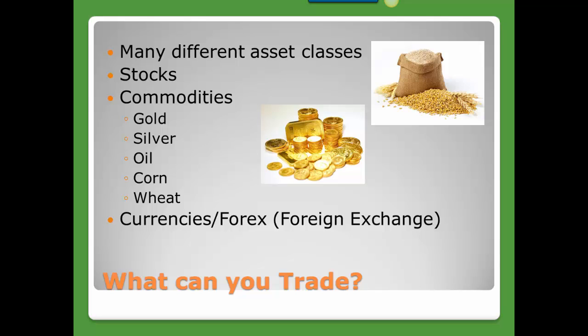Now, what are the different things that you can trade? In financial markets, there are many different asset classes. You can trade stocks, and you can trade commodities, by which I mean gold, silver, oil, any kind of metals. You can trade corn, wheat, soybean, all different things that fall into the commodities bucket.